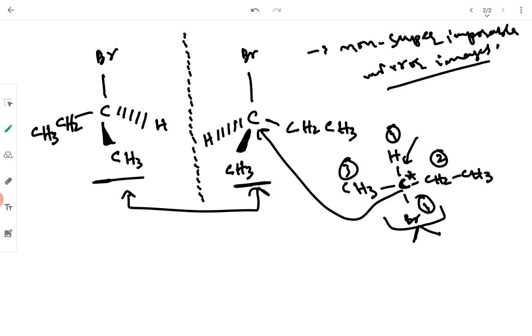If we look at these two molecules superficially, they look to be the same, but they are not the same. With this carbon, this bromine is attached here, and in this isomer it is attached here.